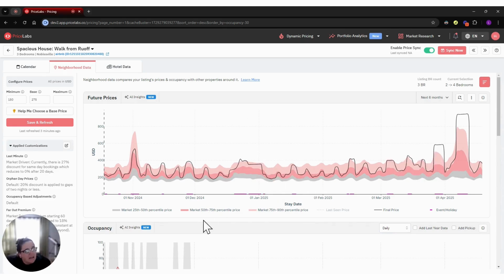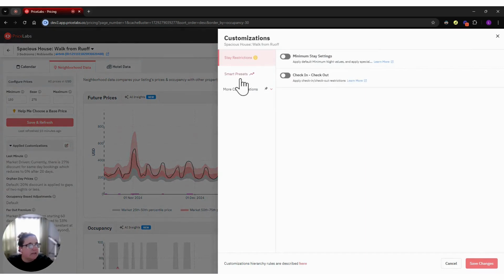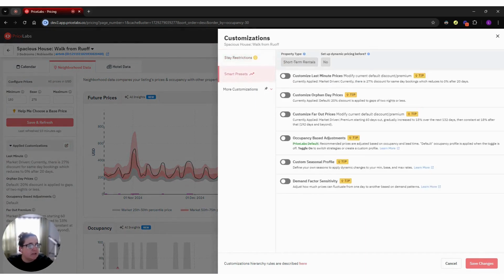If you're seeing the fluctuations get too big, what you can adjust is going to be the sensitivity of your demand factor. That'll be under customizations and it will be under smart presets. You've got this demand factor sensitivity setting, and that adjusts how much things like weekends, general demand, events, etc., are fluctuating your prices.